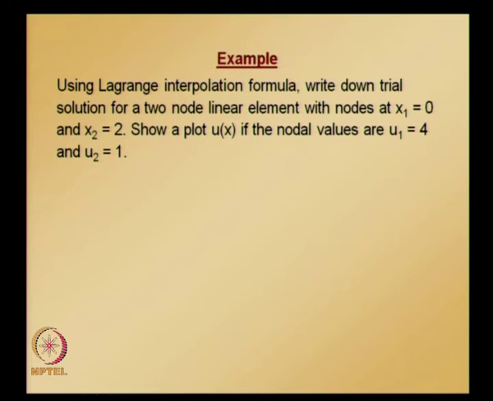The trial solution is given by u is equal to N1 u1 plus N2 u2, which can be arranged in matrix and vector form like this, where N1 and N2 can be obtained using the Lagrange interpolation formula.